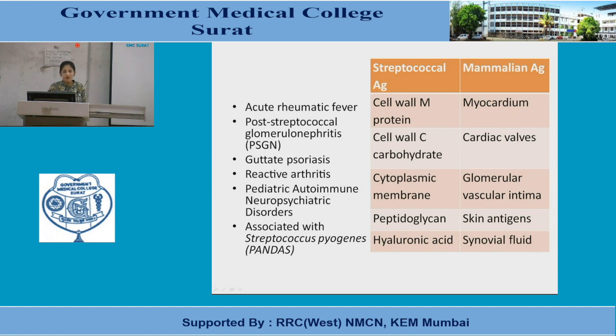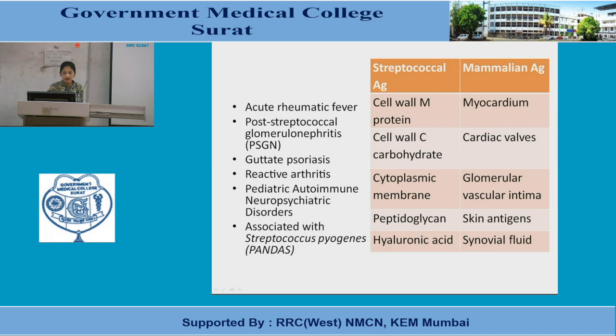Like the streptococcal cell wall M protein, which is structurally very similar to the myocardial cells of mammals. Then the cell wall C carbohydrate, which is structurally similar to the cardiac walls. The cytoplasmic membrane antigen is very similar to the glomerular vascular intima.